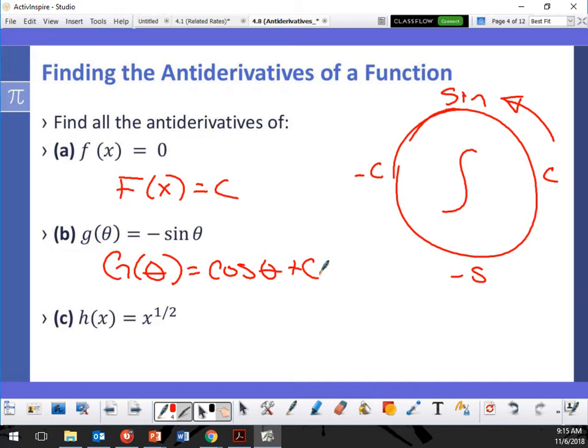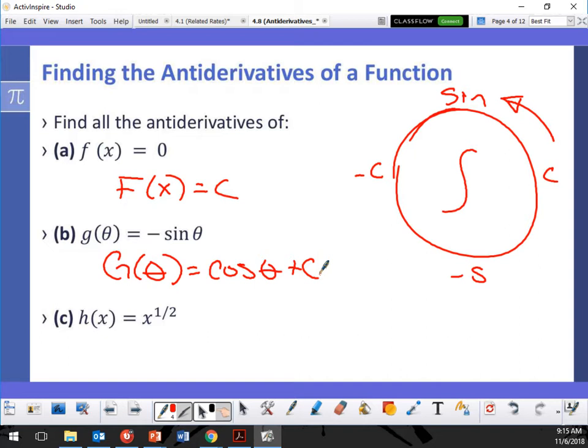You add one to the exponent and then divide by it. Because that's the opposite of what we're doing. For the derivative, we multiply it out front and subtract 1, but now we're going to add 1 and then divide by it.